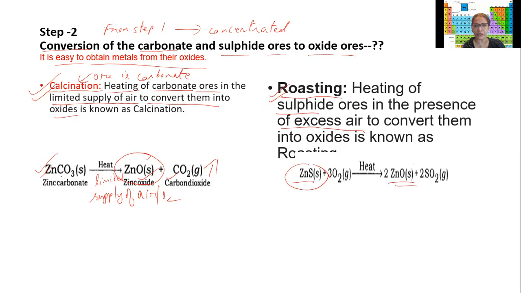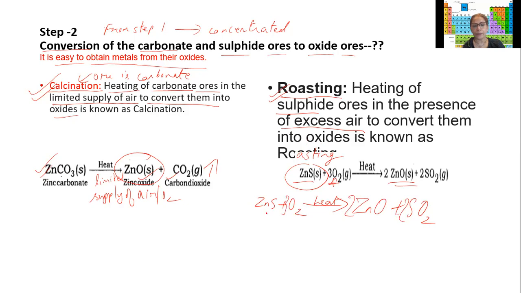So zinc sulfide plus oxygen, we are providing oxygen, heating zinc sulfide in a lot of excess of air to convert them into oxides. Zinc sulfide plus oxygen, a lot of heat provided, and it forms zinc oxide plus sulfur dioxide.